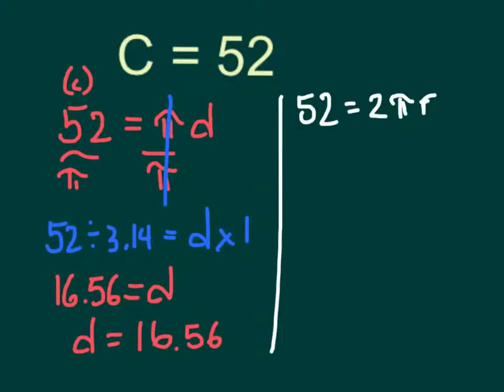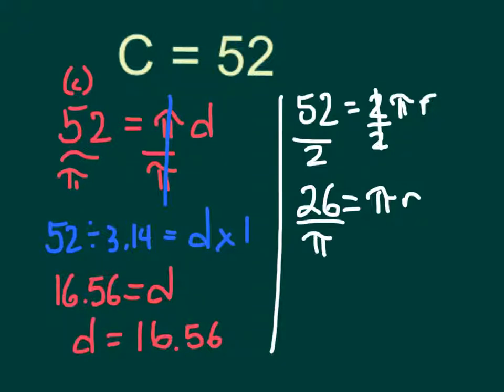If I wanted to find the radius instead, 52 would now equal 2 times pi times r. So what I would do first is I would divide 52 by 2 and divide 2 by 2 to get rid of it. 52 divided by 2 equals 26, so 26 equals pi times r. Then I would divide both of these numbers by pi. That would get rid of the pi symbol.